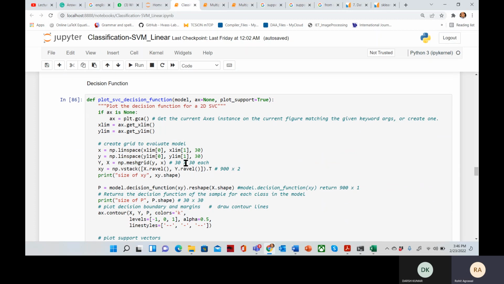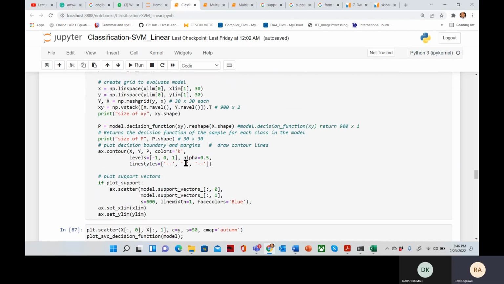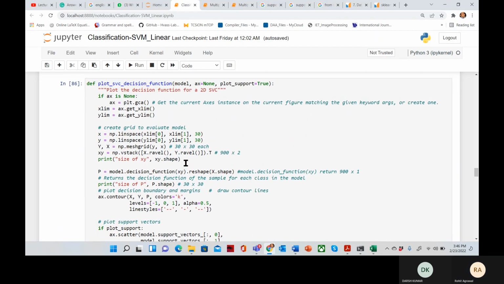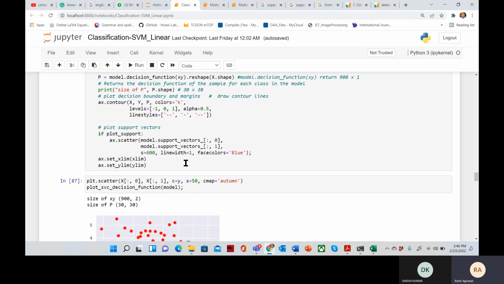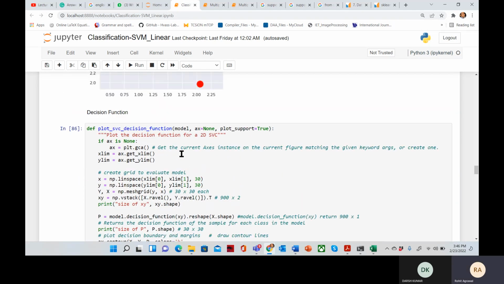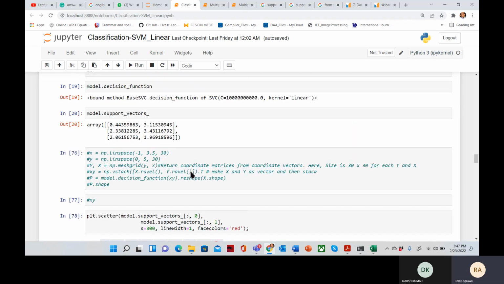So we are just writing our own function here, plot SVC decision function. We are passing our model here. Which model?